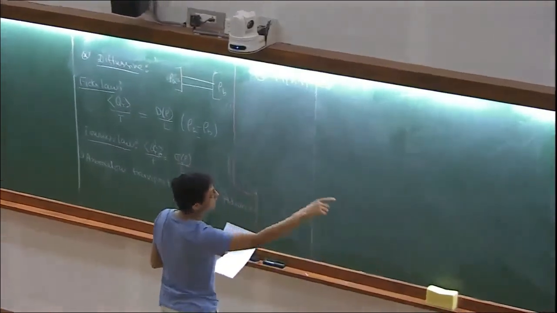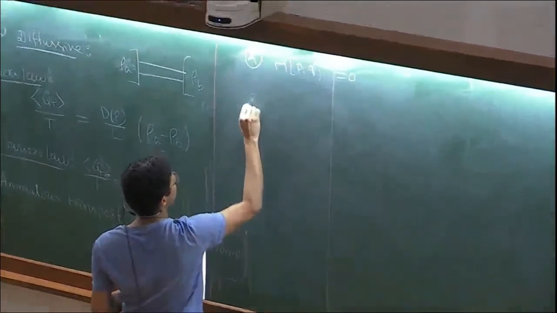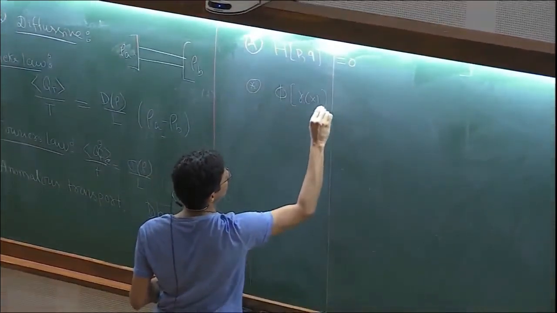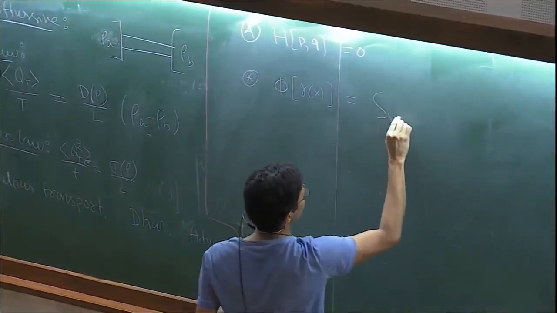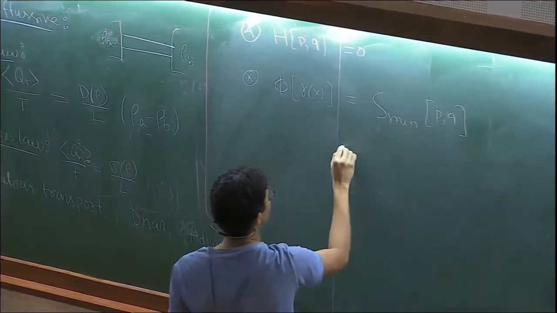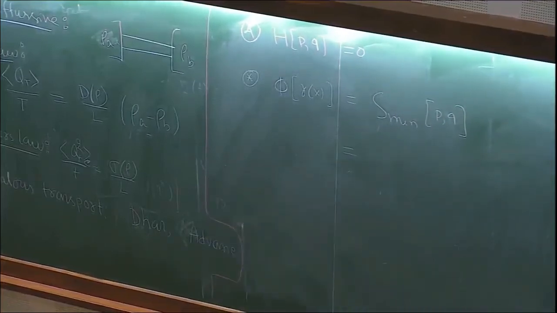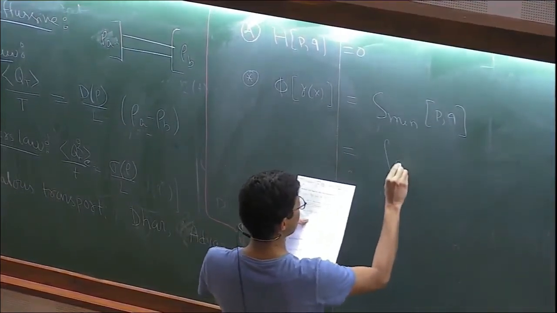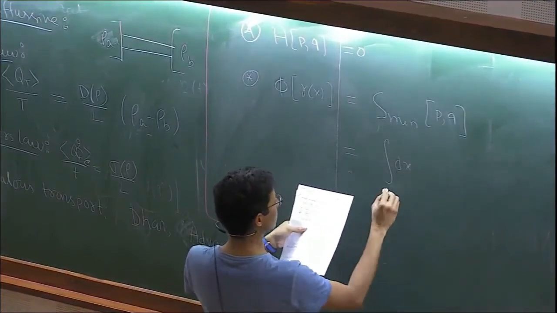Now I want to calculate the minimal action. The minimal action, phi of R of x, is the S min with P of Q. Now if I look at this formula, H is 0, so I only have this term. Let's rewrite it. I take the space integration first.